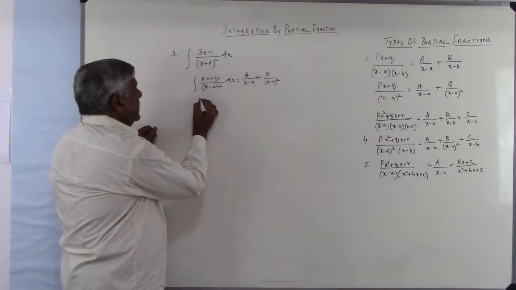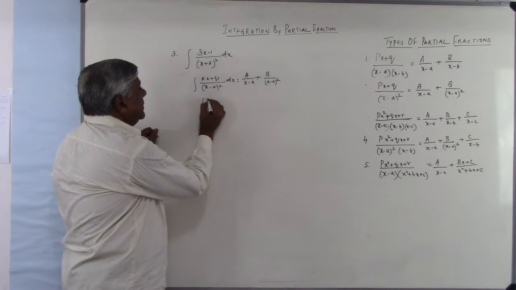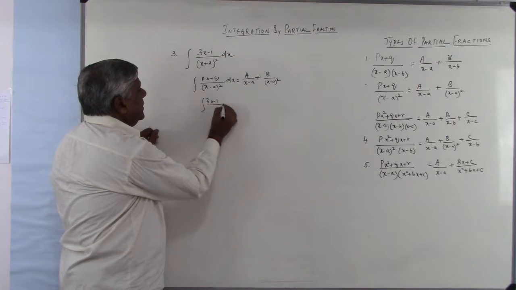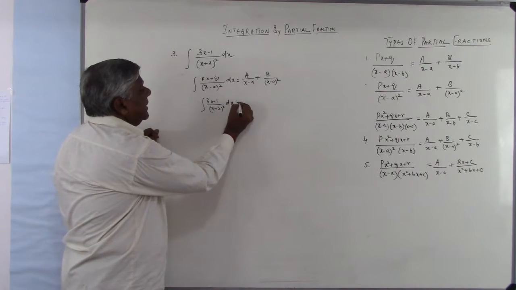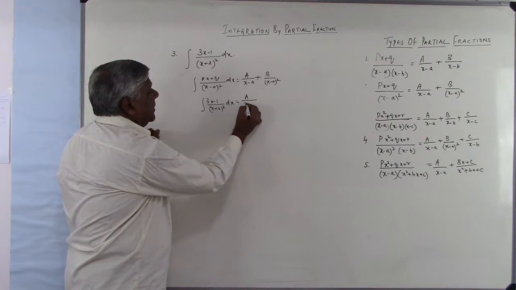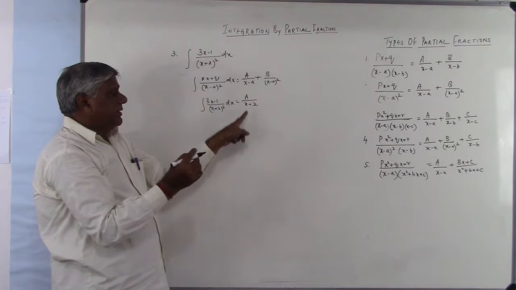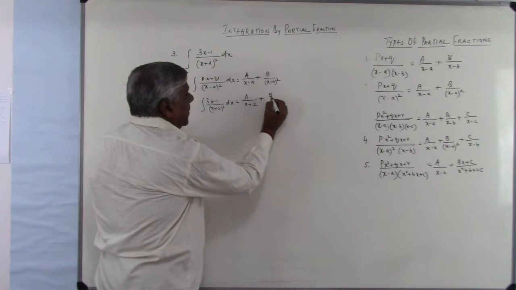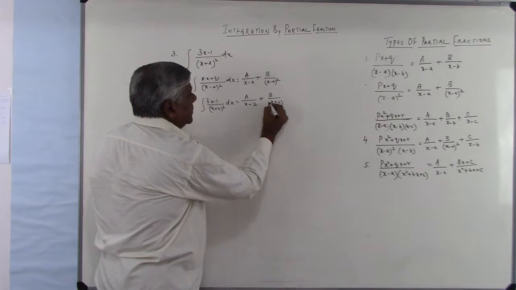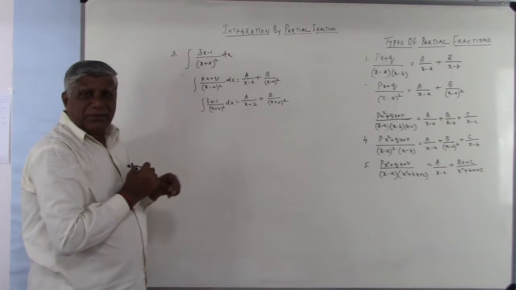Now here, integral 3x minus 1 by x plus 2 whole square into dx can be written as a over x plus 2. Are you following here? We have written a over x plus 2 plus b over x plus 2 whole square. So this is a way to take.